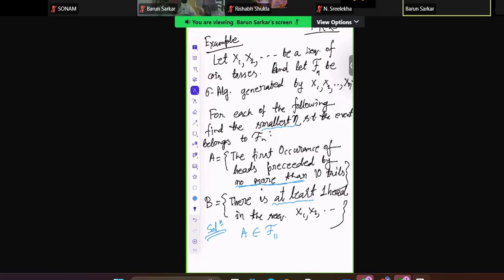B may belong to the first toss, which may be head. But the second toss may be head, may not be head. Third toss may be head, may not be head. Nothing guarantees, right? Can you say that in five tosses, the fifth toss will be a head? Can you say that? So there is no confirmation, sir. We can't say directly, sir. Yes.